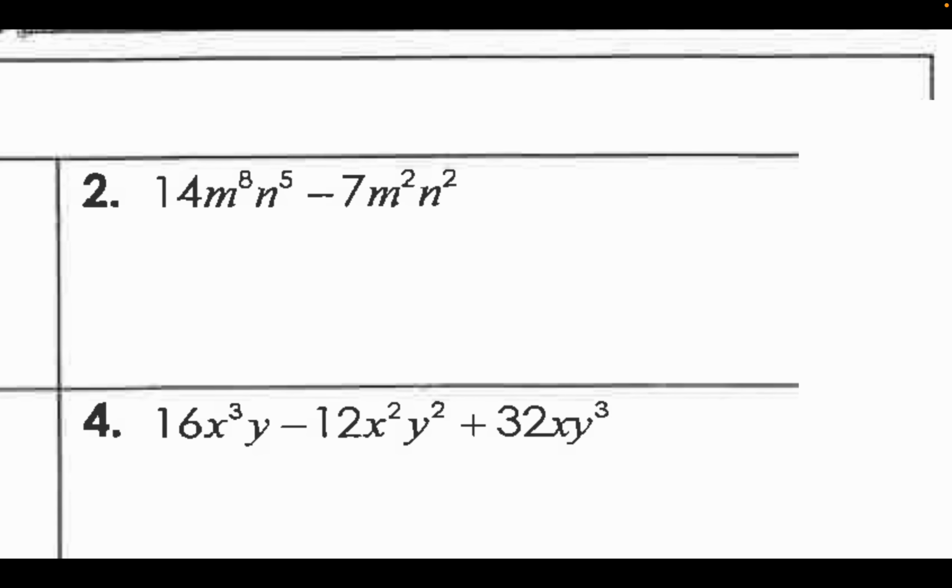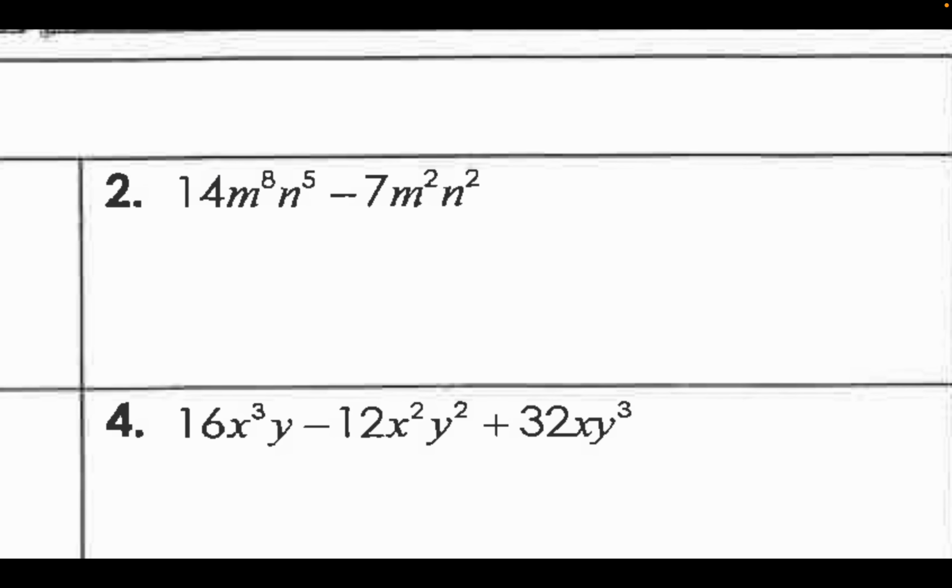Let's move on to number 2. Our GCF of 14m to the 8th n to the 5th minus 7m squared n squared will be 7m squared n squared. So 14 and 7 have a GCF of 7. And for m and n, both variables have a lowest exponent of 2 common amongst both terms.